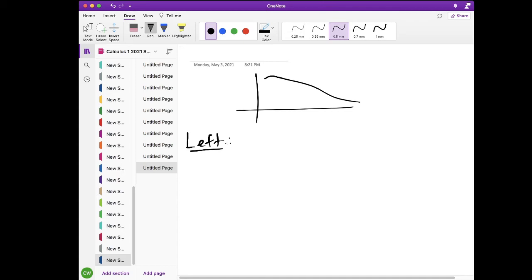Okay, so for decreasing, the area is going to be the same: xi plus 1 minus xi, times f of xi. Is this bigger or smaller than the actual area?